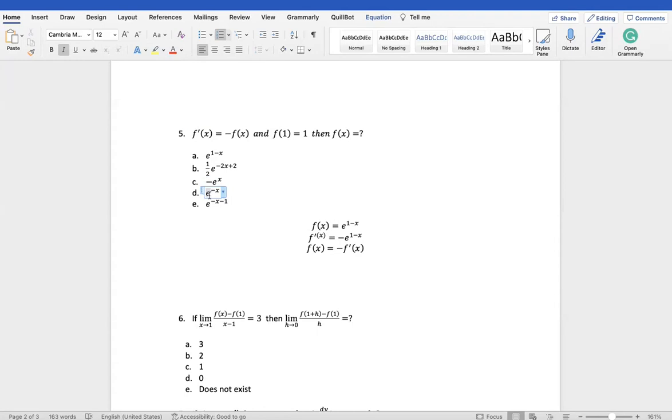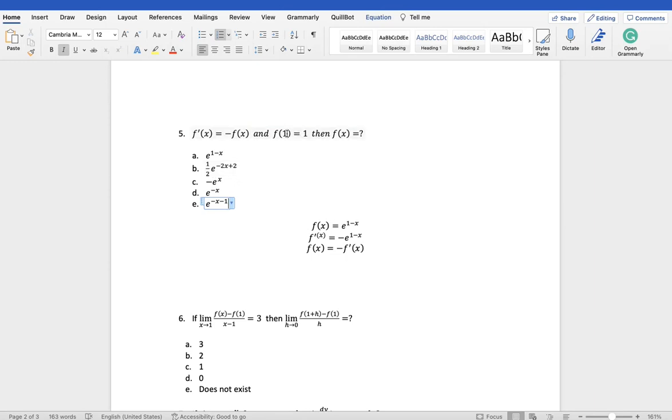If f of x is equal to e to the minus x, you substitute 1 into it. You have e to the minus 1, which is not equal to 1. Substitute 1 into e to the minus x minus 1, and you get e to the minus 2, which is not equal to 1 either. So you've already eliminated options C, D, and E. Take it back to option 2 now.